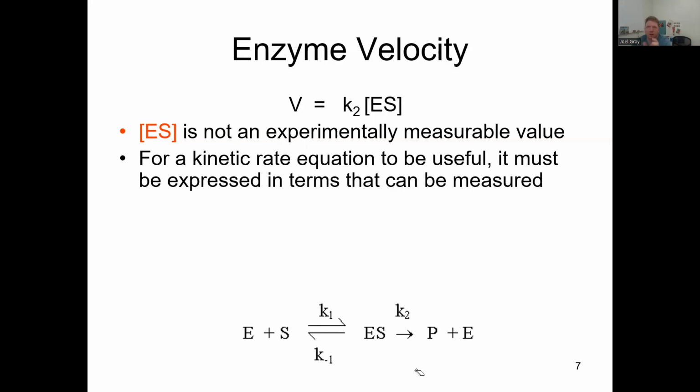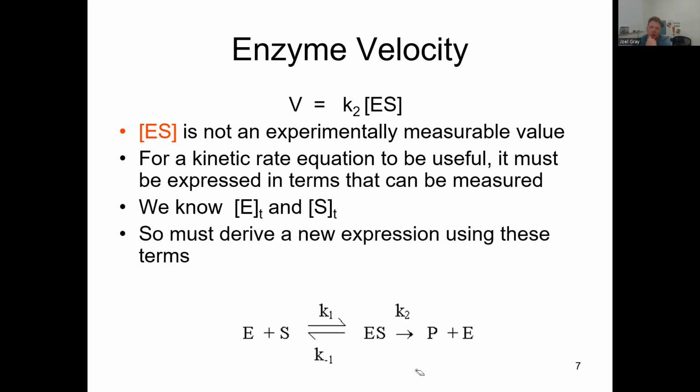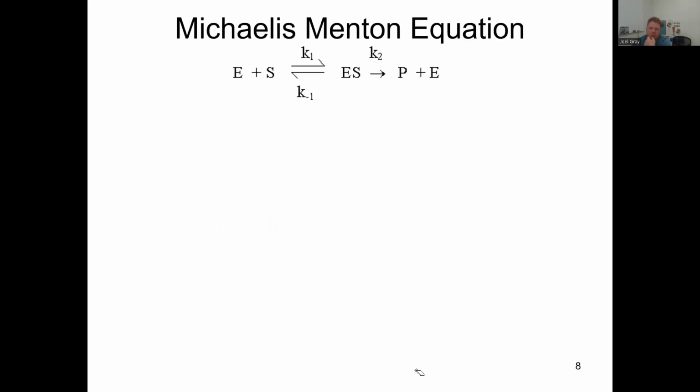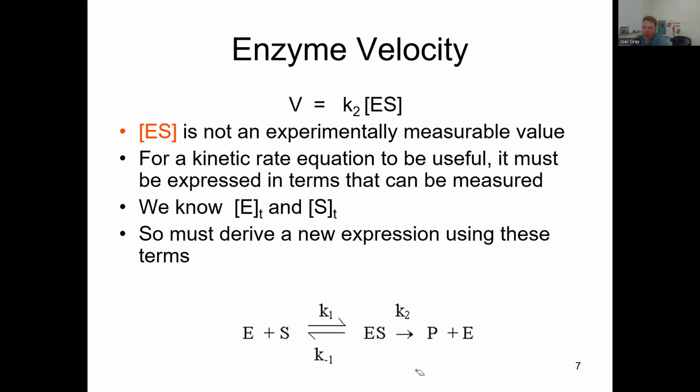But if we can't figure out our concentration of our enzyme substrate complex, how can we really come up with this? Now, what we can measure and what we can evaluate is what is our free enzyme concentration at a given time, and what is our substrate concentration at a given time. So we can use those to ultimately derive a new expression.